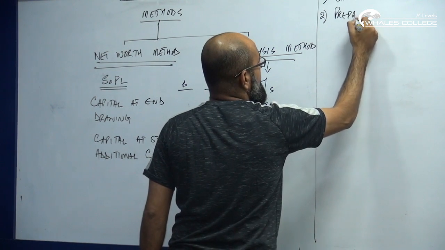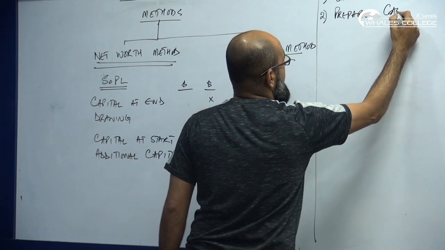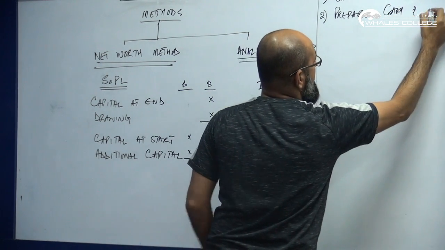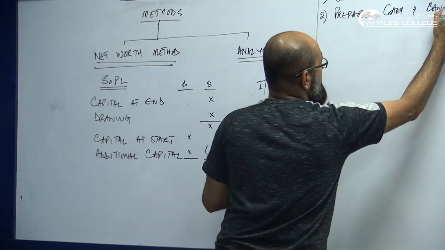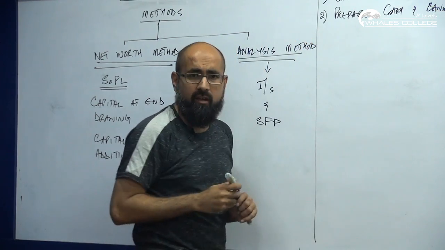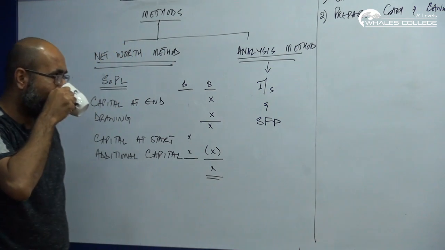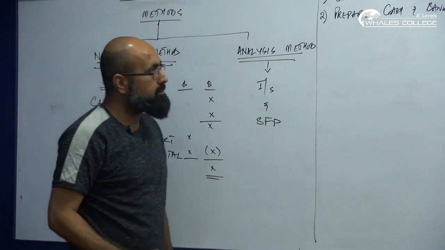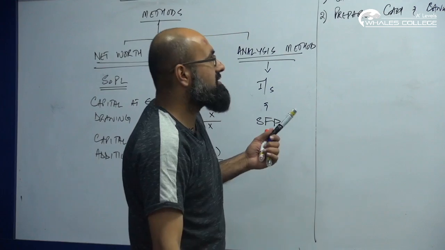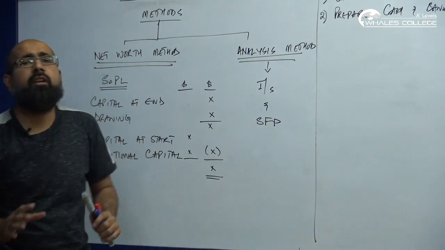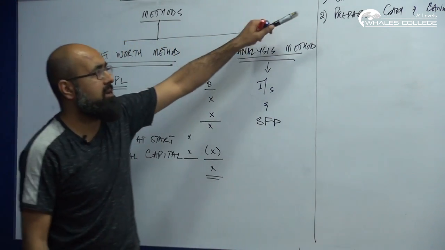Prepare cash and bank account. Sometimes the bank account is already prepared, so you need not make the bank account. So you need to make only the cash account, and sometimes cash information is already given. So you need not make this step number 2.